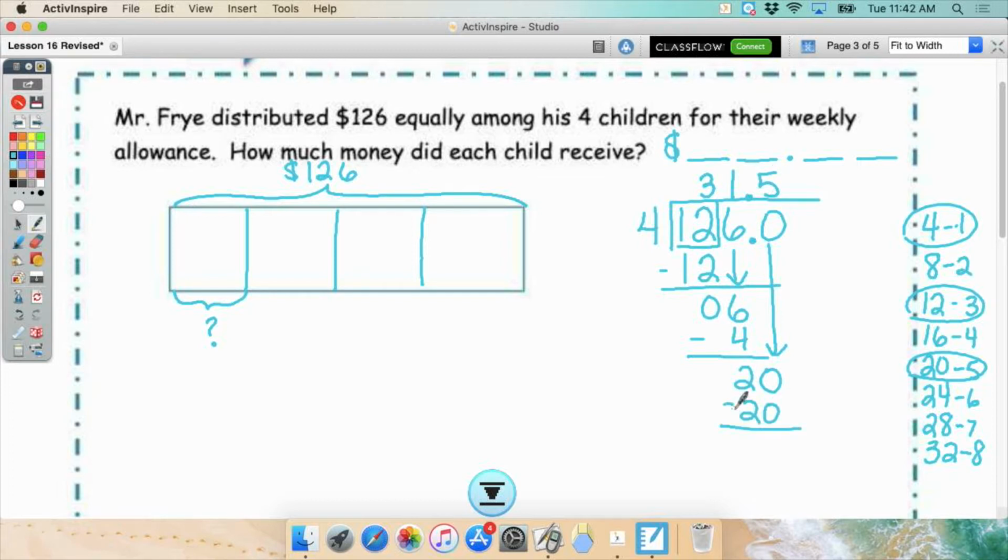Now don't shout out the answer if you know how much money each kid got. What should I write also beside the 5? The 0. So this is $31.50 for each kid.